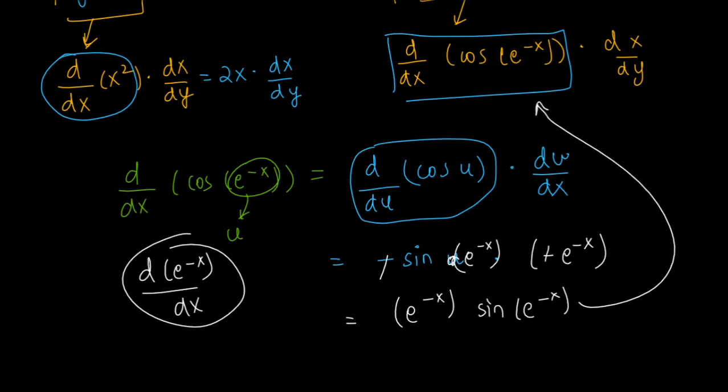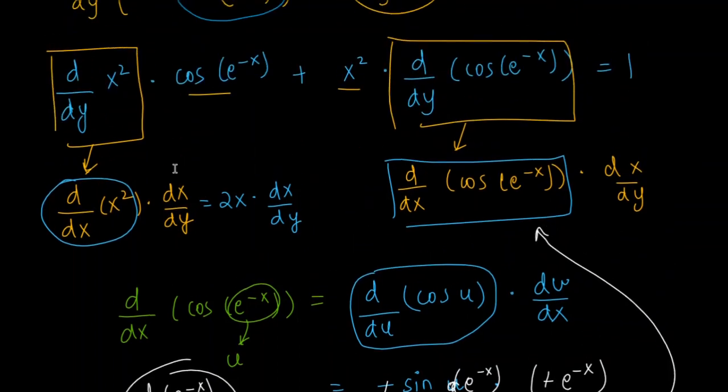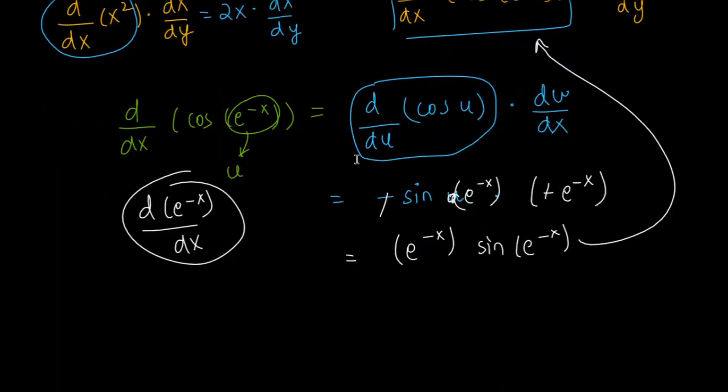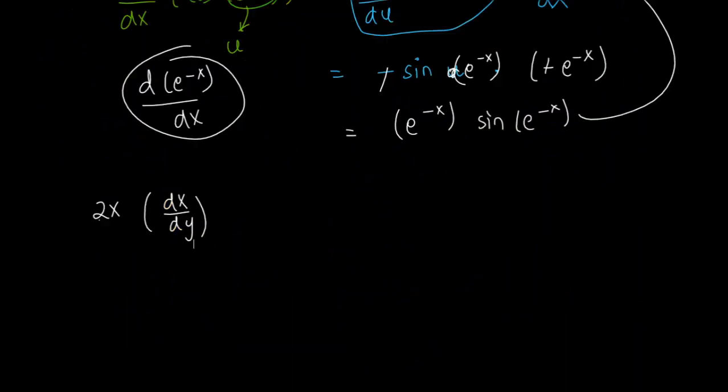Put everything right here. This is a long problem, by the way. Let's just take everything downwards. So we had 2x times dx over dy times cos of e to the power of negative x.